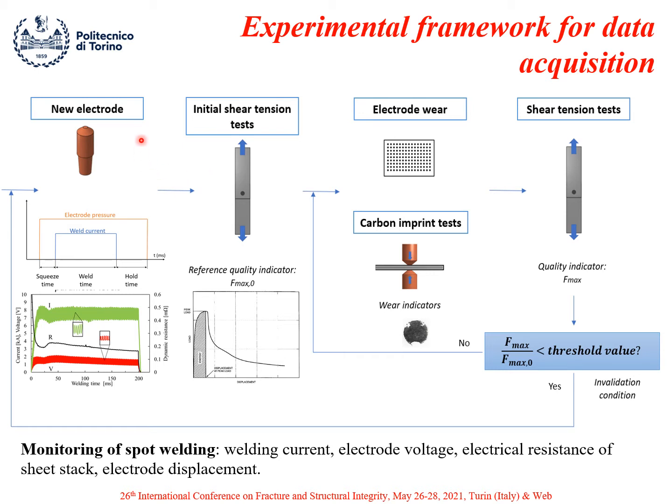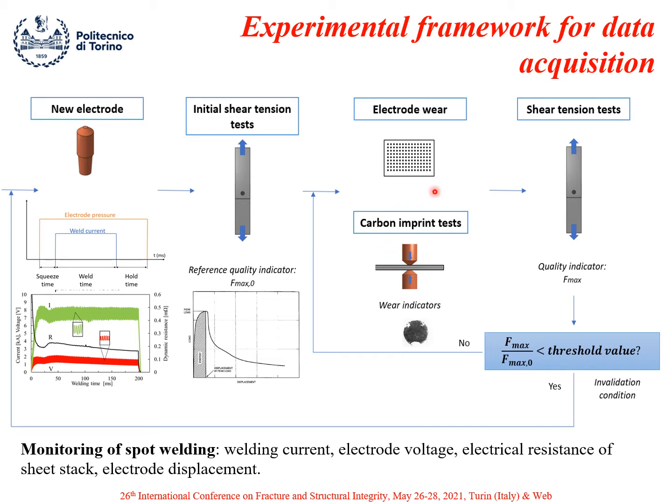And so the idea, starting from the new electrode, is to realize at first some weld samples to be subjected to the shear tension test in order to understand the resistance at the beginning, when we have a new electrode. After that, we realized several series of spot welds, and after every 140 spot welds, we realized samples to determine the mechanical strength and a carbon imprint test to define the electrode wear.